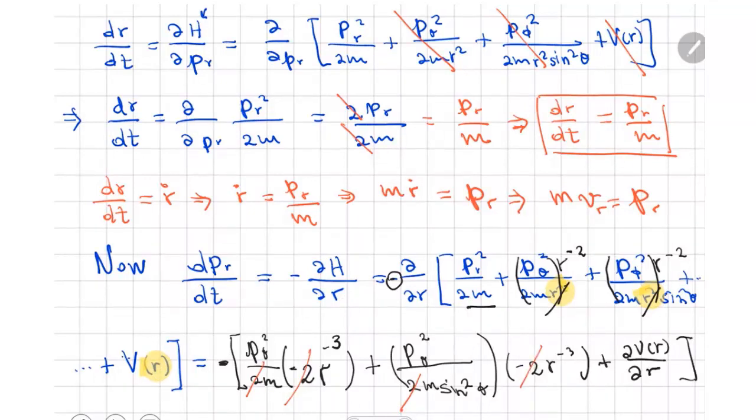When we distribute this minus sign into the bracket, minus with minus is plus, minus with minus is plus, and minus with plus is minus.